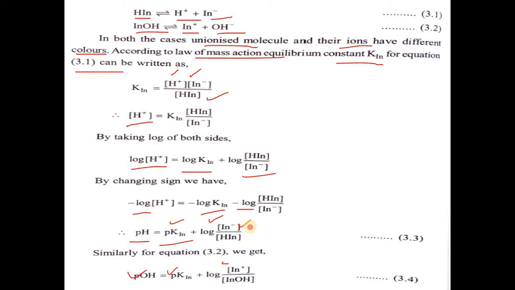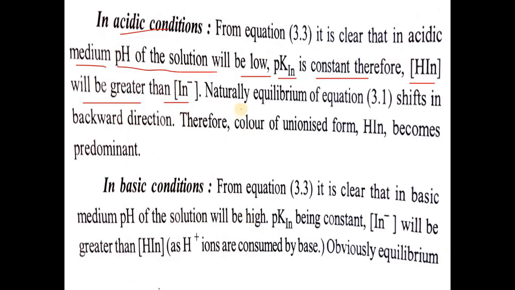So naturally equilibrium equation 3.1 shifts in the backward direction, therefore the color of the unionized form HIN becomes predominant in acidic condition.